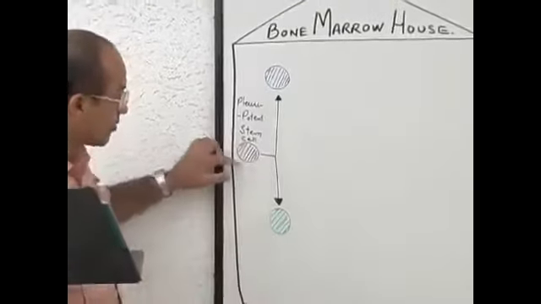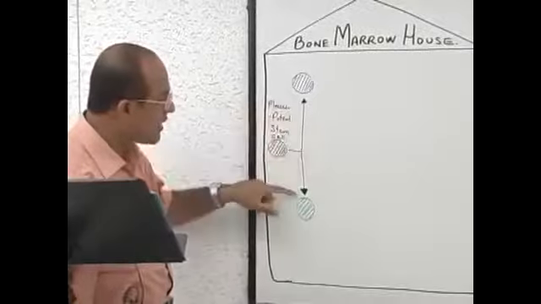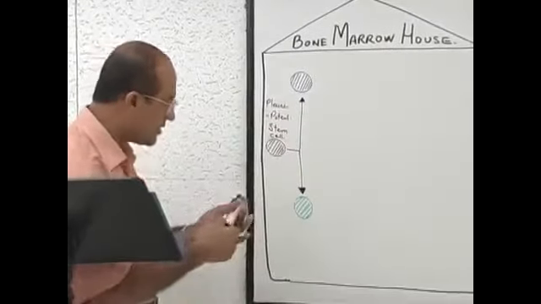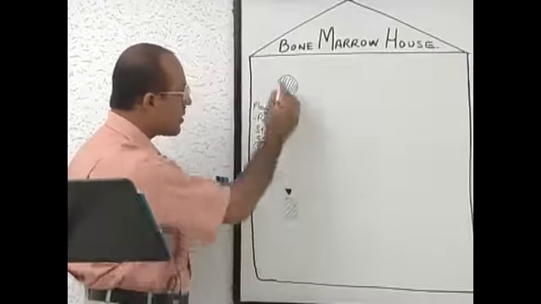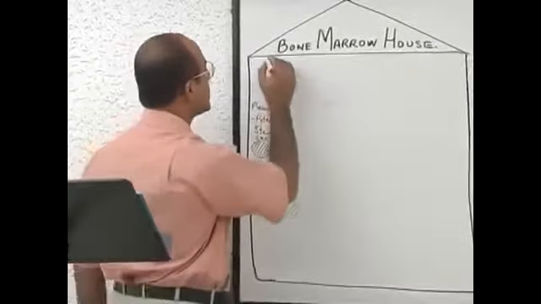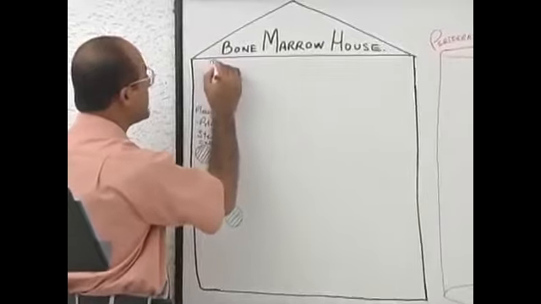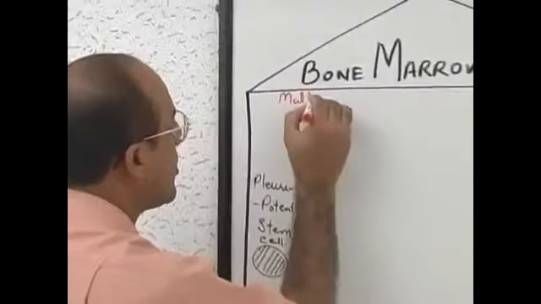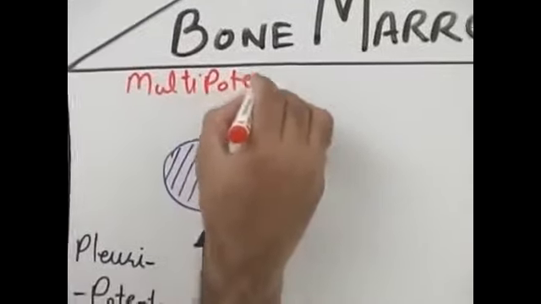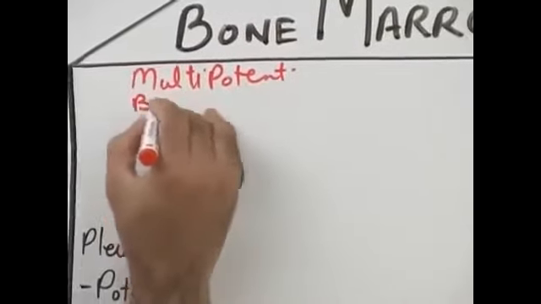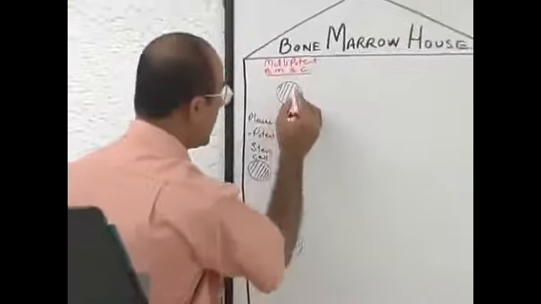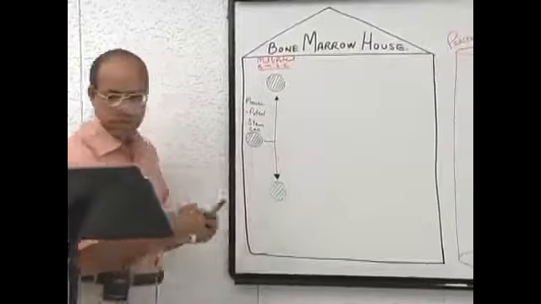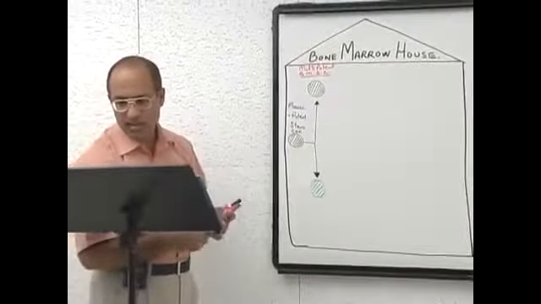That was pluripotent, and these two cells are multipotent stem cells. So I will write it here: multipotent bone marrow stem cell.